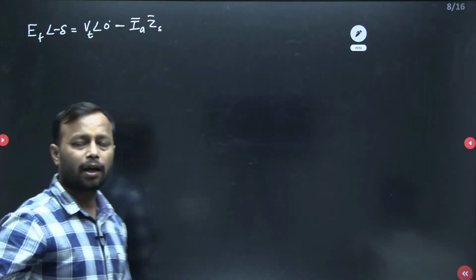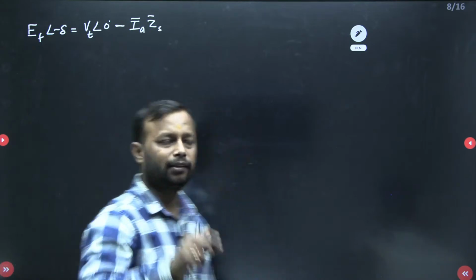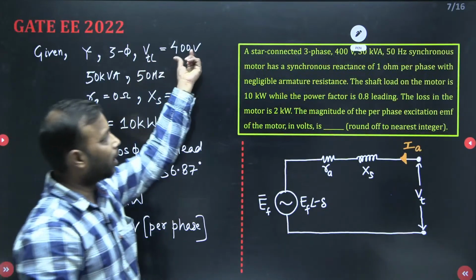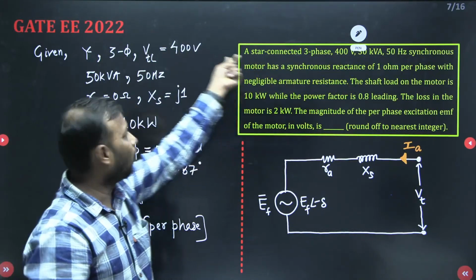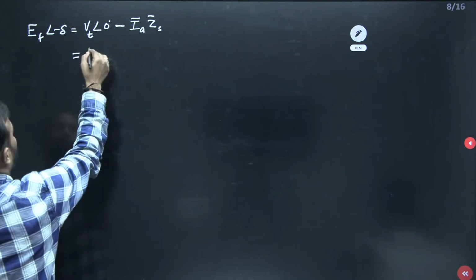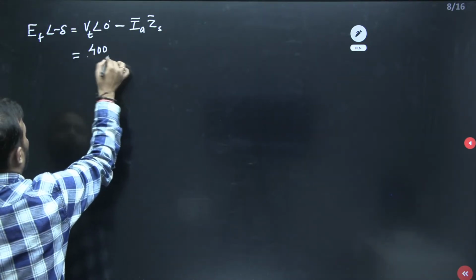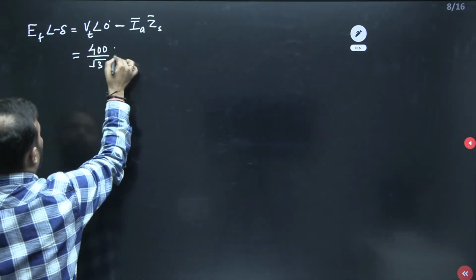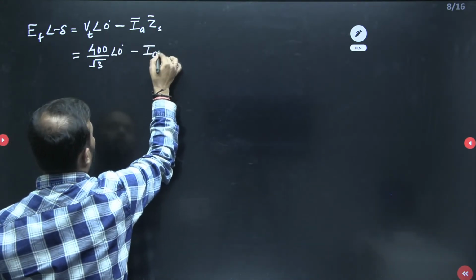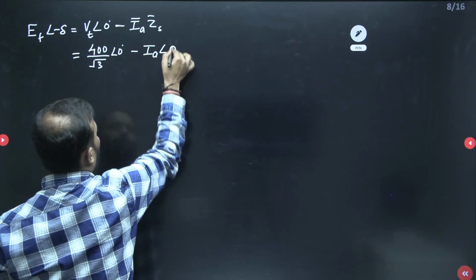IA phasor means magnitude and angle. So VT, since this is your line voltage and it is a star connection, what will be the phase voltage? 400 by root 3. So this will be 400 by root 3 at an angle 0 degree minus IA, which is unknown. This is magnitude at an angle phi.